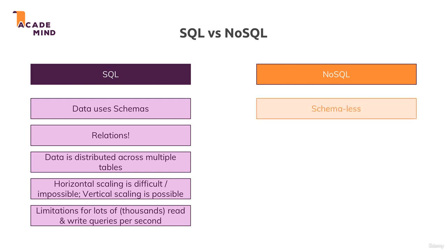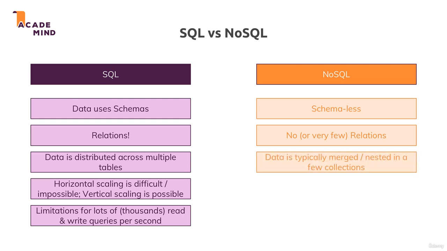NoSQL is schemaless and has only a few relations, if at all. The data is typically not distributed across multiple collections, but instead we work with merged or nested documents in an existing document, though we, of course, also have a couple of collections for the different features of our application typically. With NoSQL, horizontal scaling is easier.